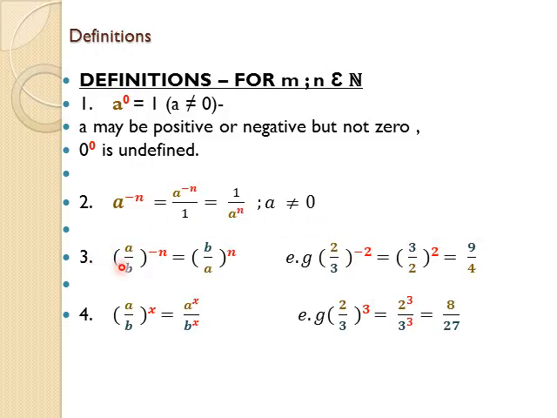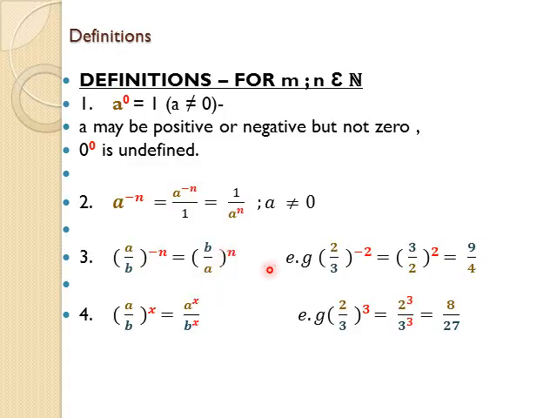Look at number 3. I have a fraction, a divided by b, to the negative n. If I take this negative n in the negative 1, then a would go to the bottom, because it's going to be a to the negative 1, to make it positive. And b to the negative 1, if I bring it in, becomes b to the positive 1 if I take it to the top.